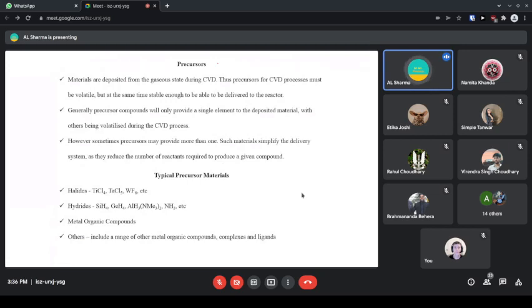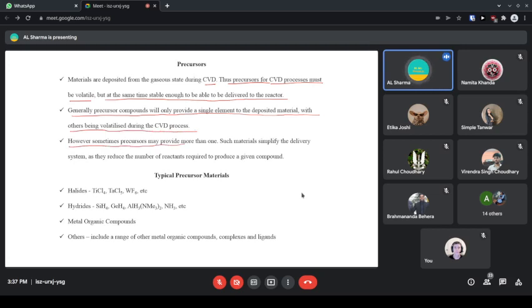What precursors do people normally use? Materials are deposited from the gaseous state during CVD. Thus, precursors for CVD processes must be volatile, but at the same time stable enough to be delivered to the reactors. Generally, a precursor compound will only provide a single element to the deposited material, with the others being volatile during the CVD process.